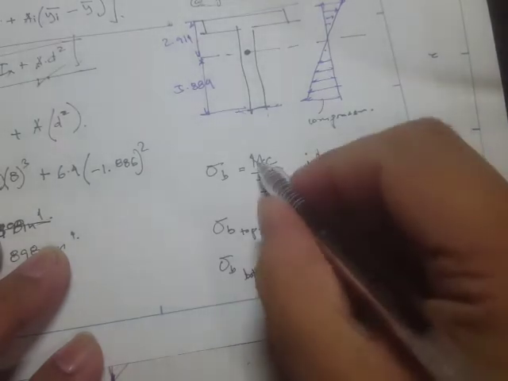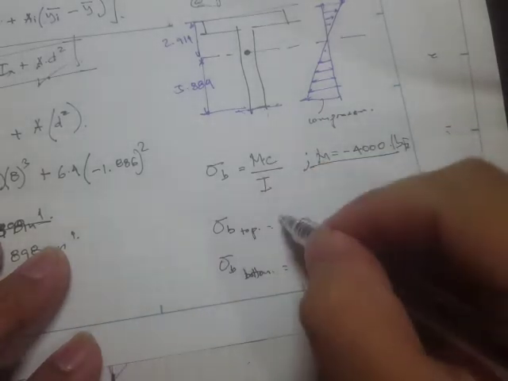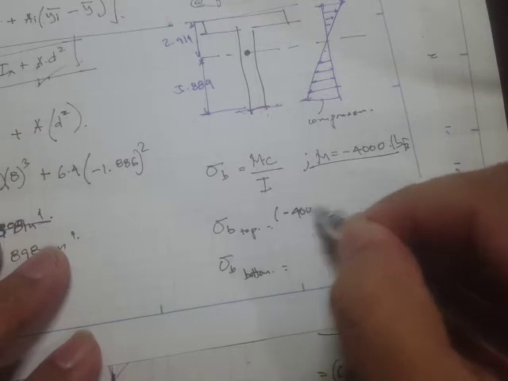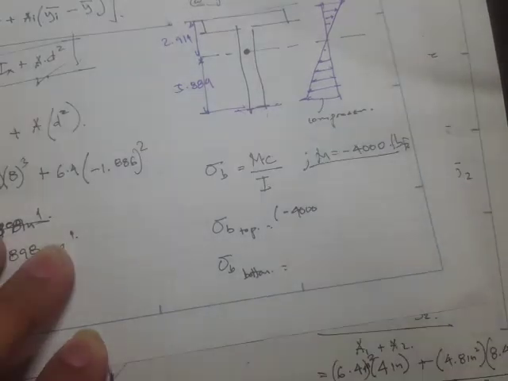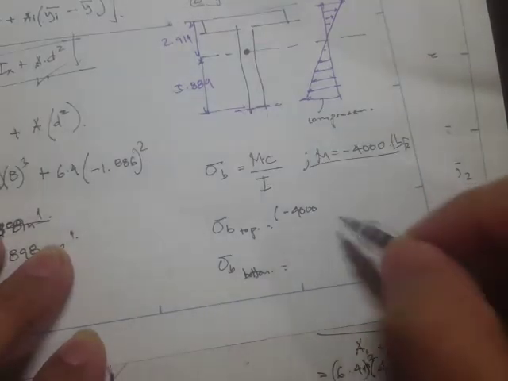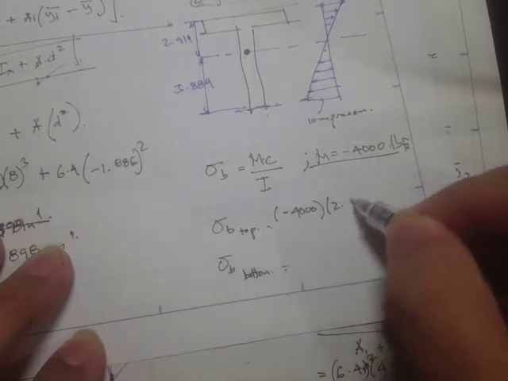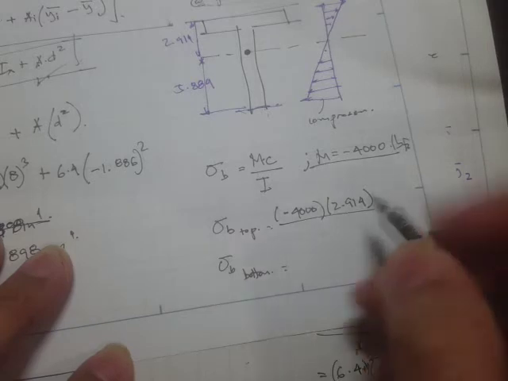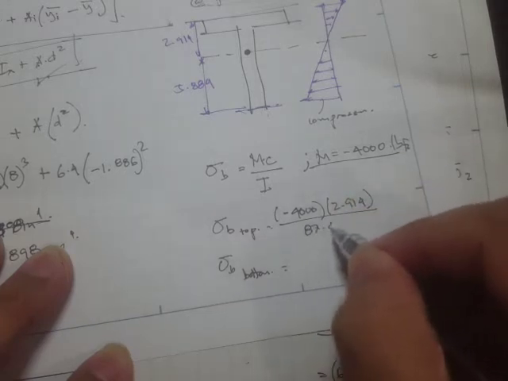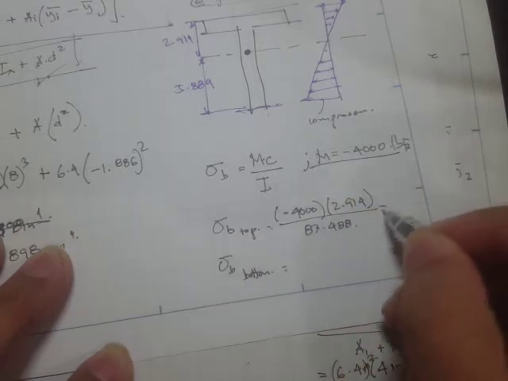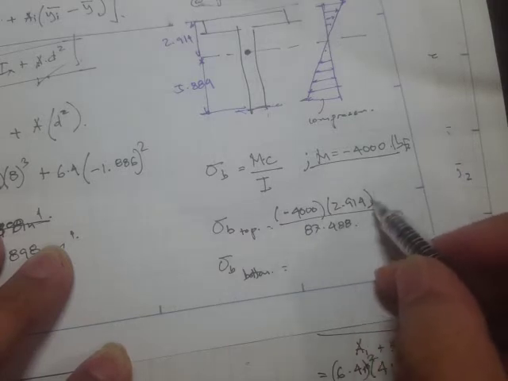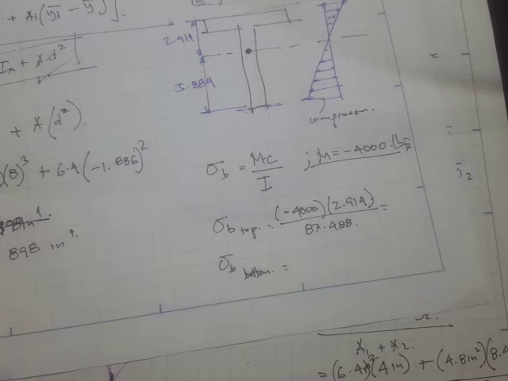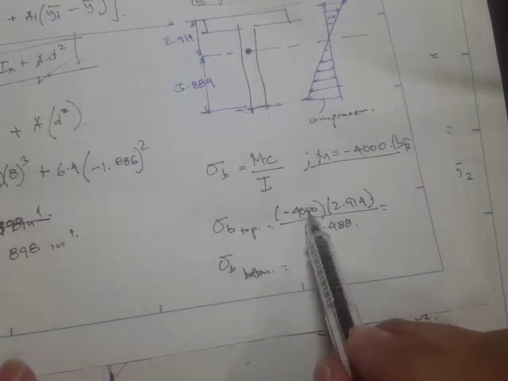We'll have values for this. If we substitute the values, we have negative 4,000, and the distance is 2.914, all over the moment of inertia of 87.488. If you check the units, it should be consistent. This is in inches, this is in inches, and this one is pound-foot.